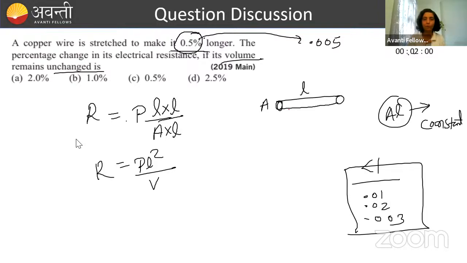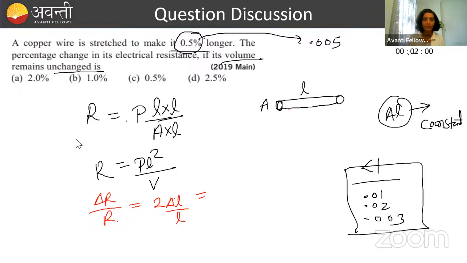Percentage or relative error in resistance can be written as delta R by R equal to 2 delta L by L. That we can write here, right? Now in the question the percentage change in length is given. Percentage change in resistance we have to calculate. So delta L by L into 100 is given as 0.5.